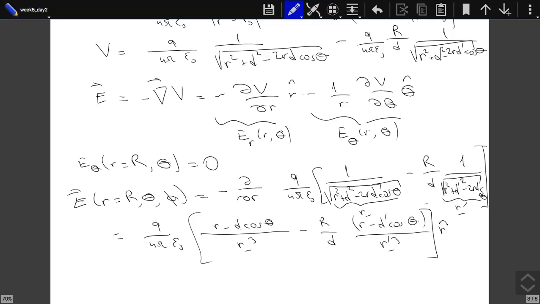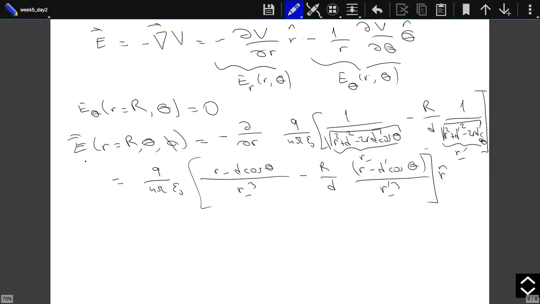This is the electric field on the surface of my conductor, outside. The electric field inside is 0. I'm inside the conductor, there is no electric field inside the conductor.